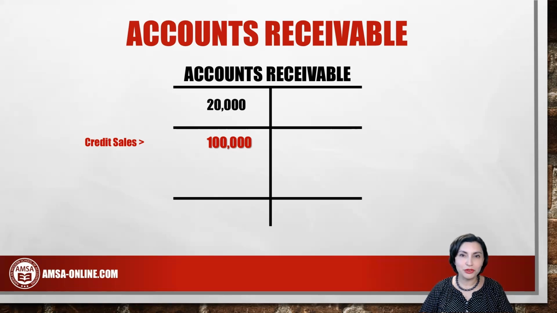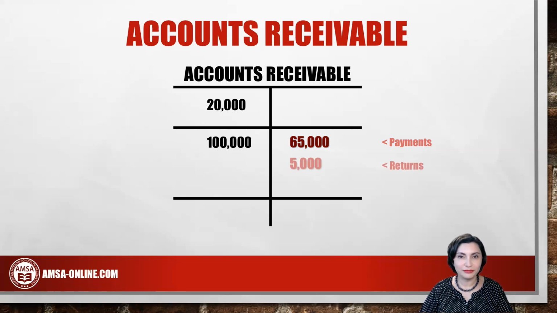Therefore, we record credit sales or invoices of $100,000 on the left or debit side of the T account. Payments decrease accounts receivable. When a payment is made, it is an increase in cash and a decrease in accounts receivable. We record $65,000 of payments on the right or credit side of the accounts receivable T account.